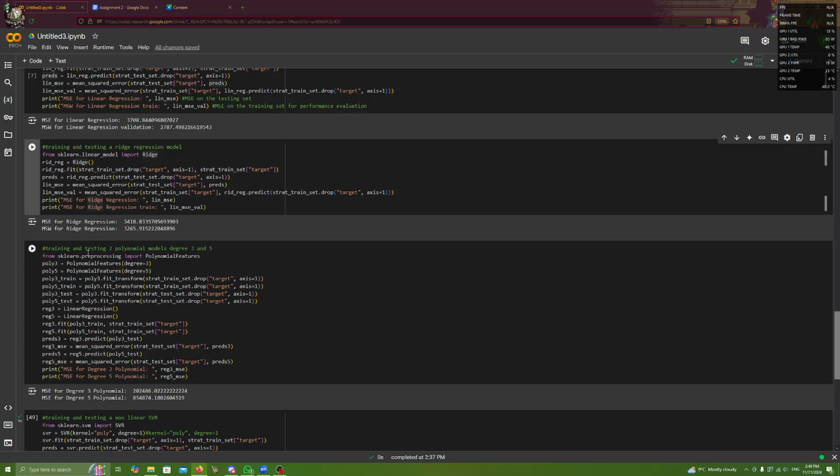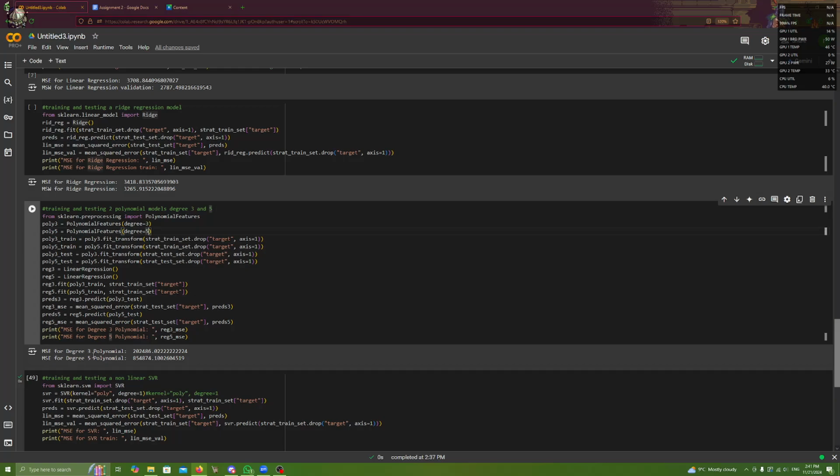We can then try a polynomial regression with degrees 3 and 5. So there's two models in here. And you can see that the degree 3 polynomial has the mean squared error of around 200,000. And the degree 5 polynomial has the mean squared error of around 850,000. So we could see right away that the polynomial regressors are overfitting the training data by quite a bit.